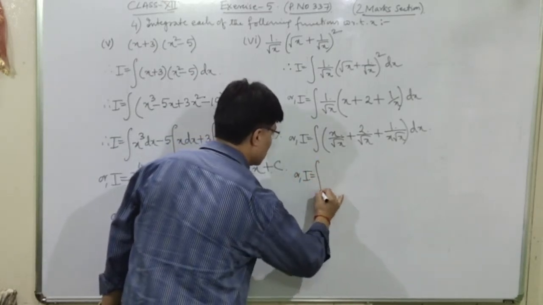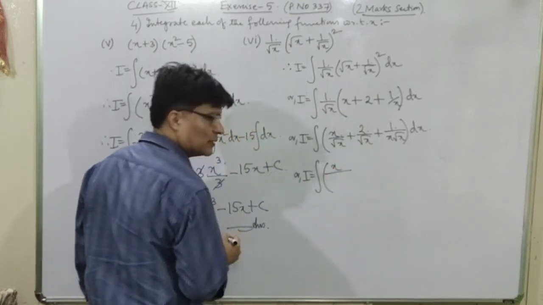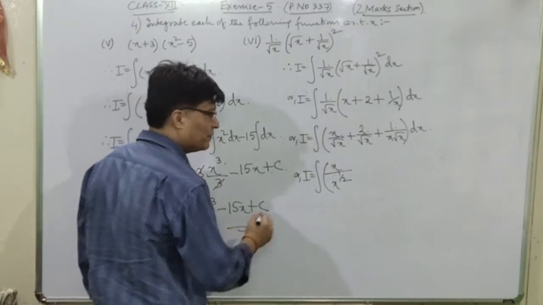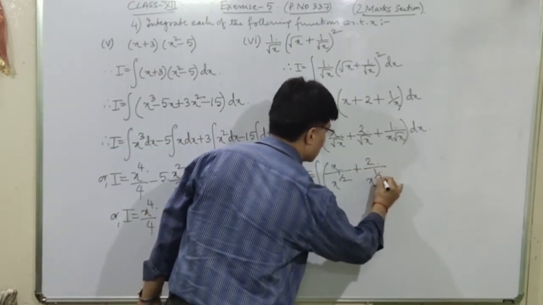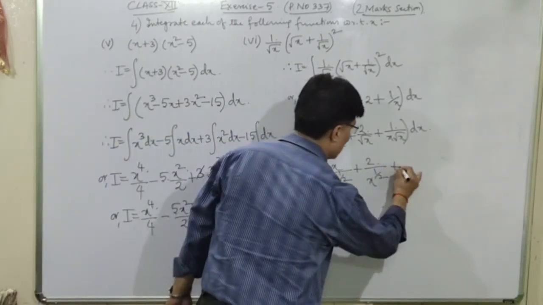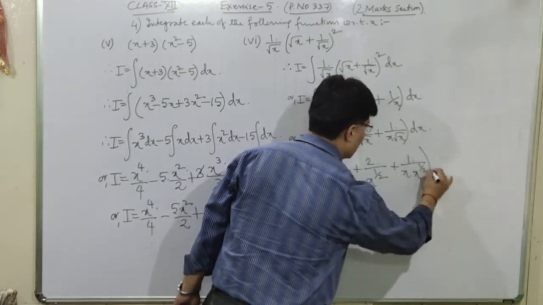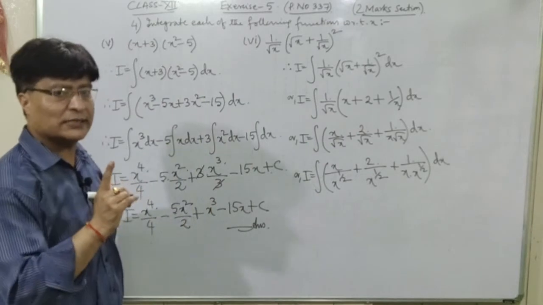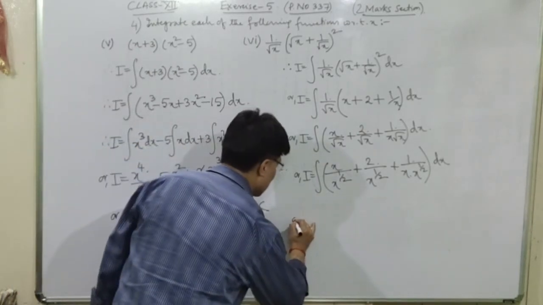Or I is equal to integration of within bracket, x upon root over x means x to the power half, plus 2 upon root over x, x to the power half, plus 1 upon x into x to the power half, bracket close dx. As you know that root over x is x to the power half, right? So let us simplify it.